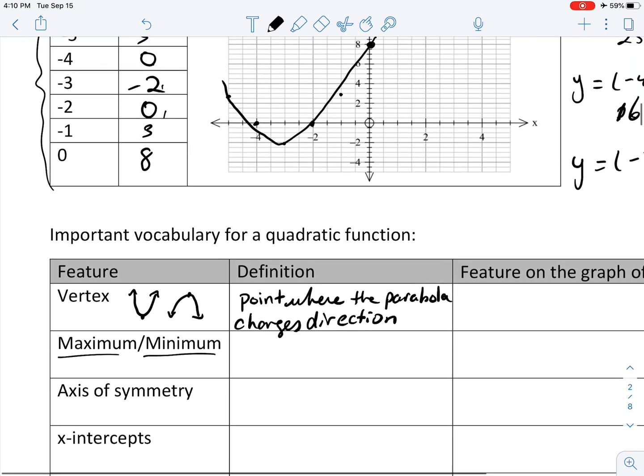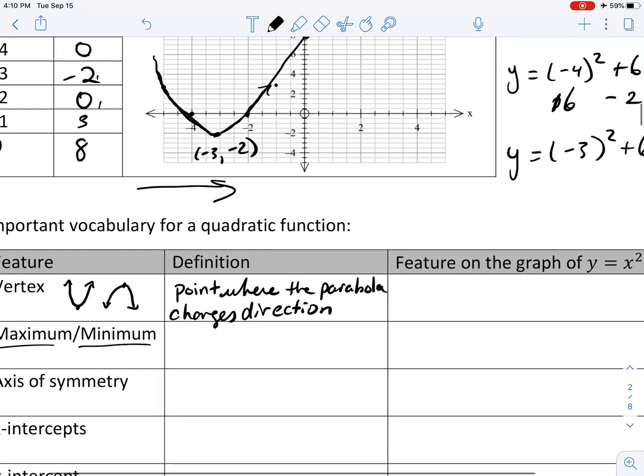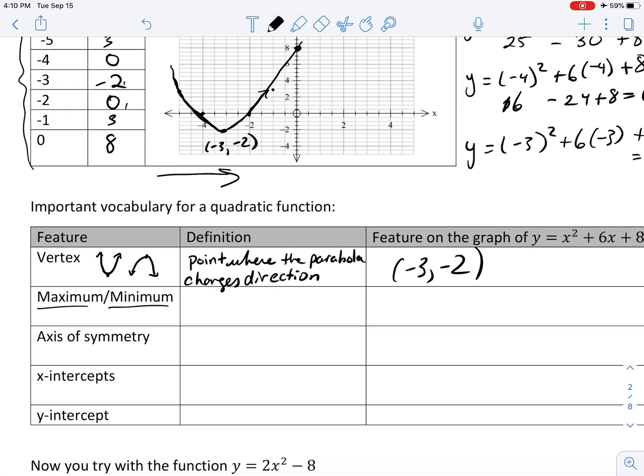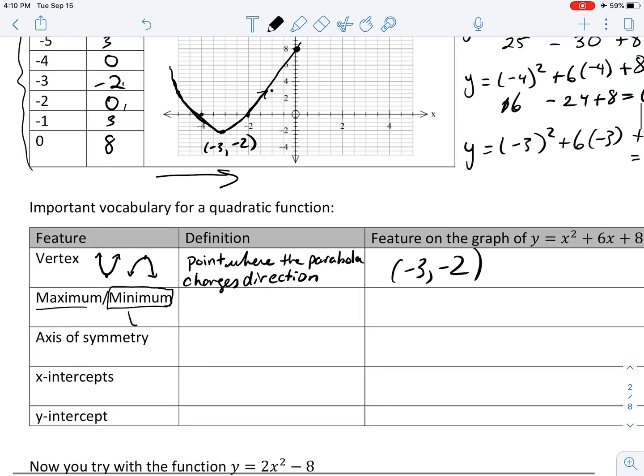So if I look at this one, I can see, as I go from left to right, that it comes down, reaches its lowest point, and then goes back up like that. So the vertex is this point, (-3, -2). A maximum or minimum. So a minimum occurs when I have an upward facing u.